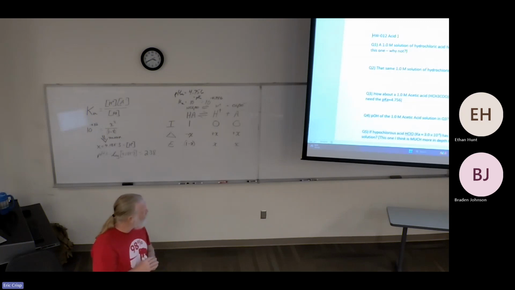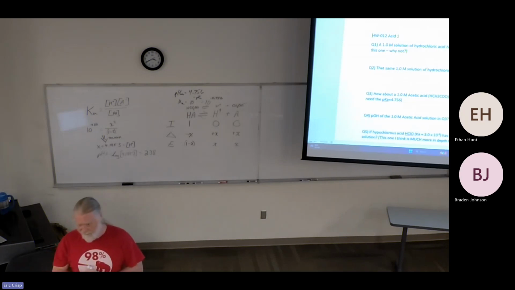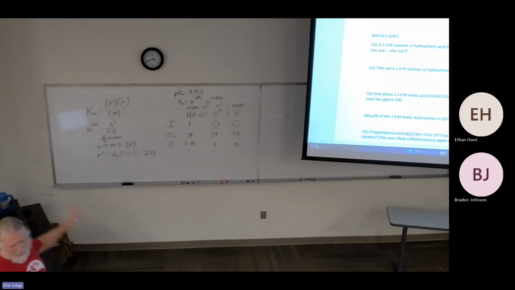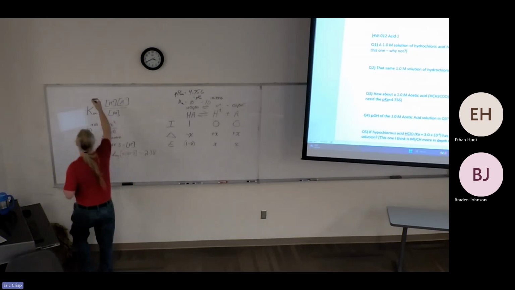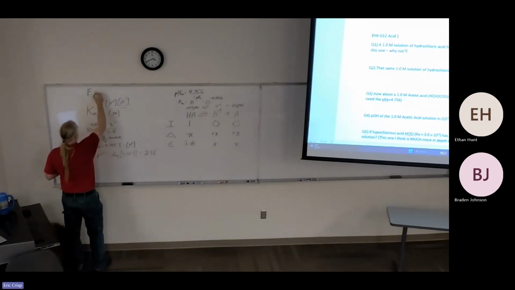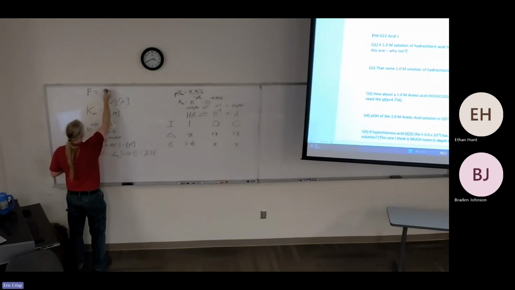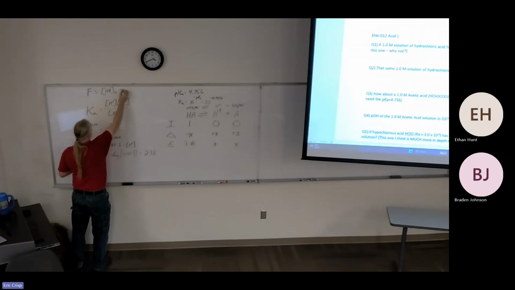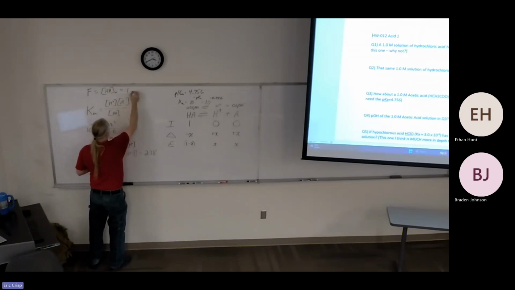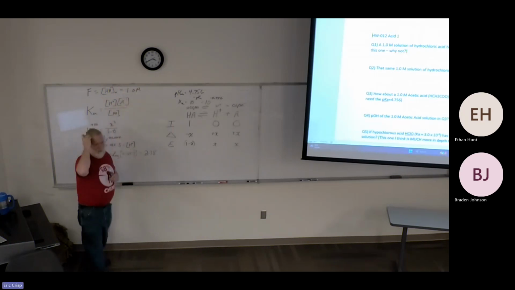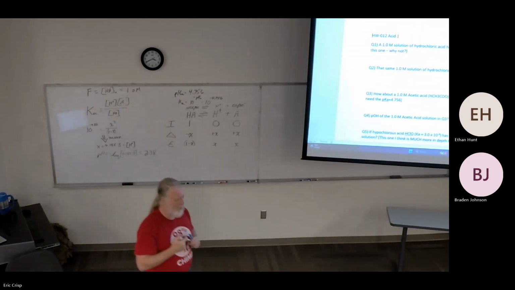Okay, shall we move on then to Q5 here? All right, I'm going to delete all this because I'm going to change bits of it. What do I need to change to make it work here? Oh, one other thing. I'll write this as F. F equals the initial concentration of my acid, and it was 1 mole in question 4, right?